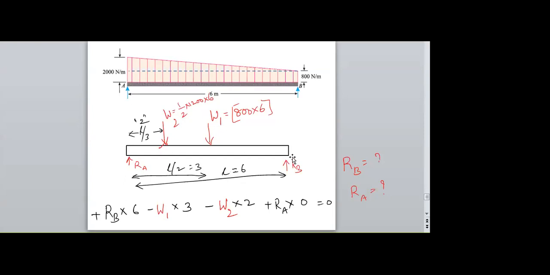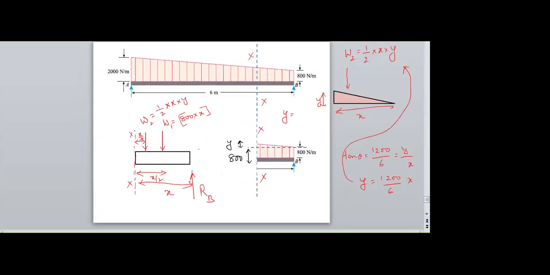By using the same procedure, after finding RA and RB, I need to consider a section XX at a distance of small x.